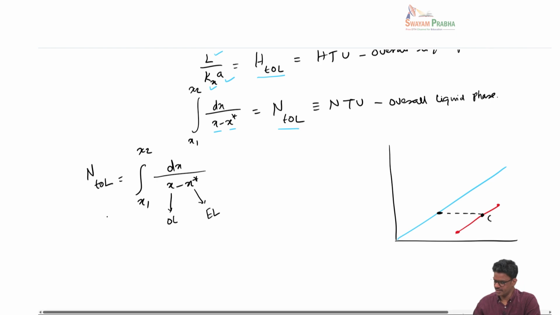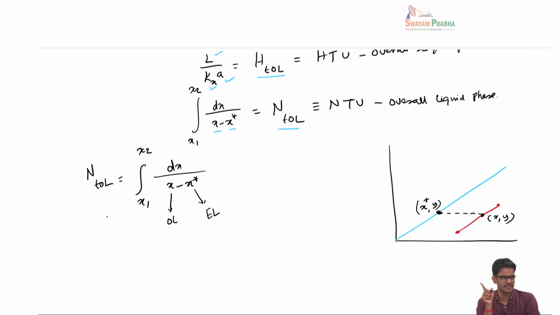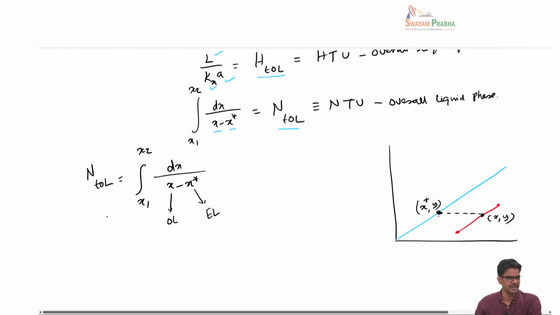So this point here is x comma y coming from the operating line. This point here has x star comma y. Note that these 2 points have the same y value, only x is changing, right? So that means if I have to know what is x star, I can actually calculate the x star from the y itself.